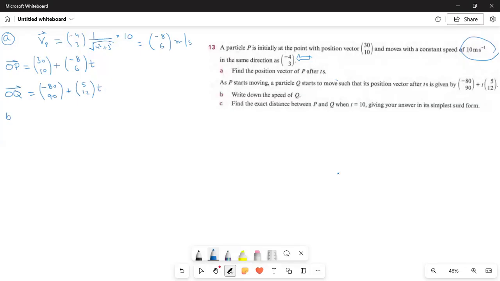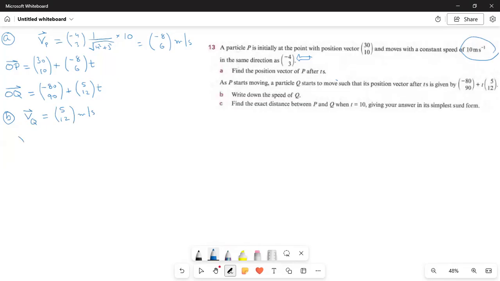So second question, part B, is to write down the speed of Q. Okay, so you can see the velocity vector of point Q is given by (5, 12), right, in meters per second.